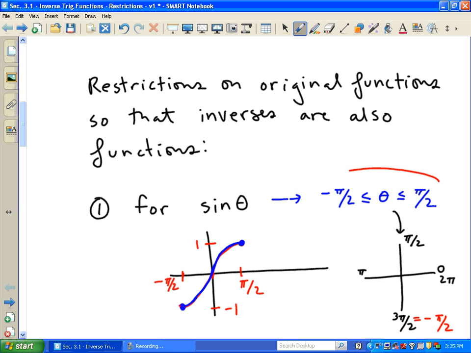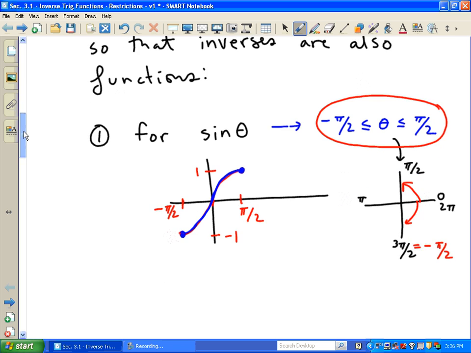So me making this restriction means that I'm looking for angles either in quadrant 1, going the positive direction, or in quadrant 4, but rotating in the negative direction. Let's look at the next restriction.